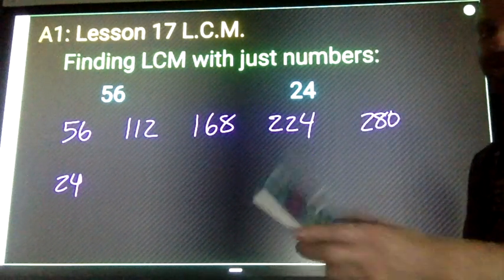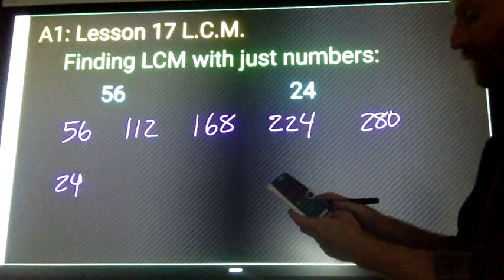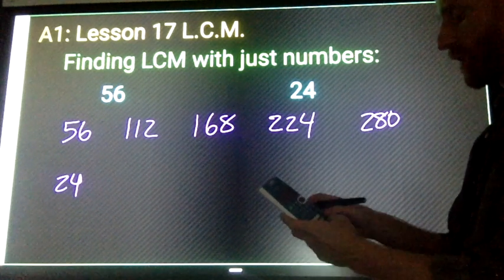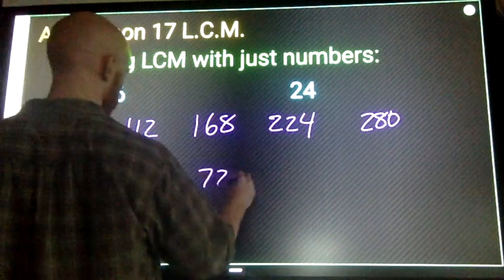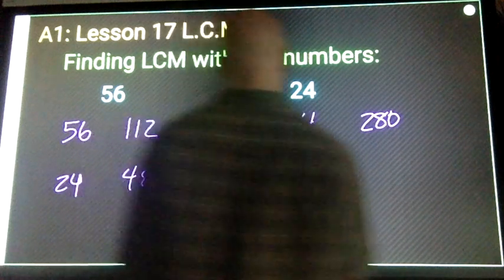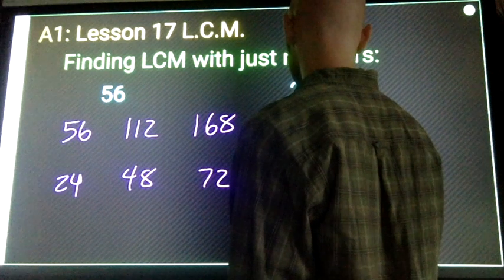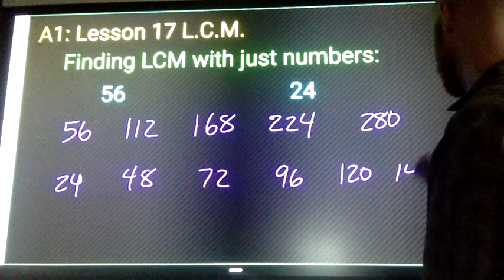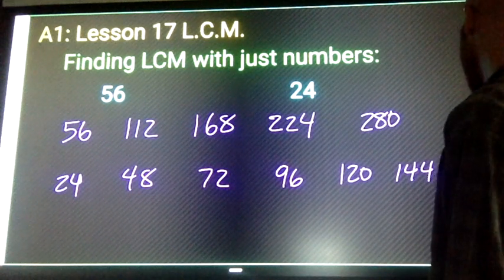You can use a calculator and just keep hitting the plus button, right? For my lower set, 24 plus 24, enter, plus 24, enter, plus 24. So we got 24, 48, 72, 96, 96 plus 24 is 120. 120 plus 24 is 144. 144 plus 24 is 168.